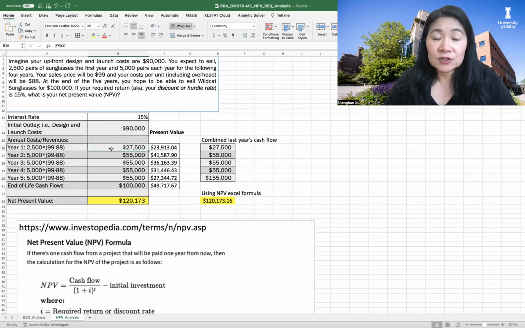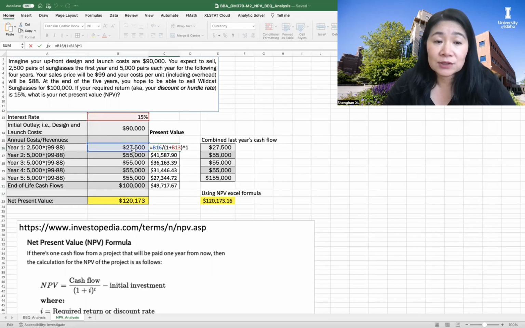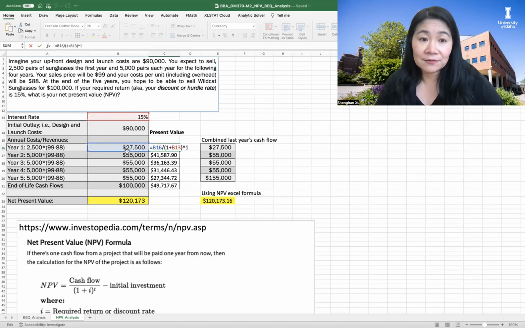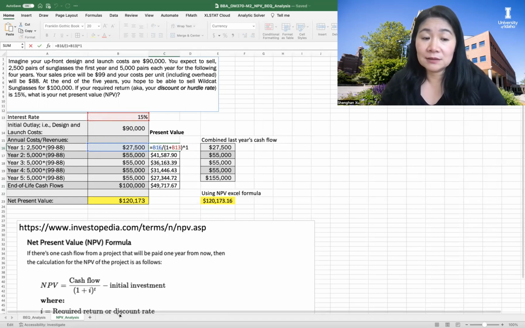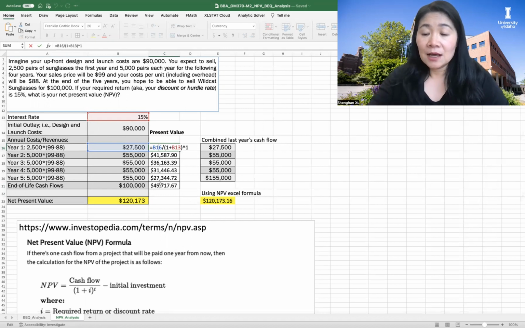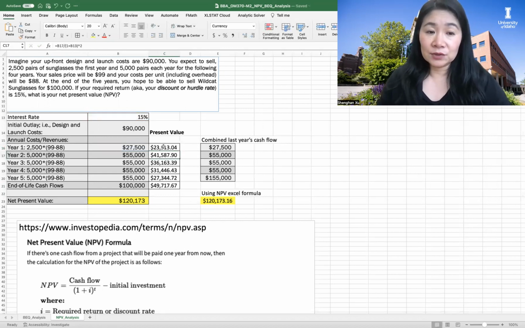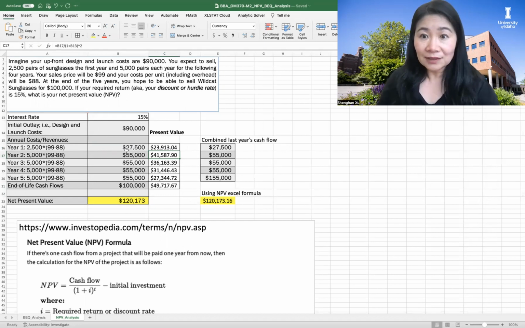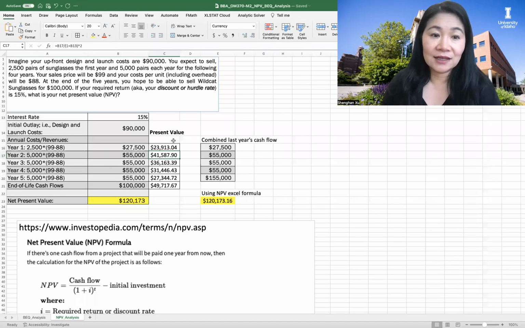For the first year, we expect you to sell 2,500 pairs at a price of $99 per pair and a cost of $88 per pair, so your profit is $27,500. If you discount it, it's $27,500 divided by 1 plus 15% to the power of 1, because this is the time period. This is the present value if you are looking at the current year.